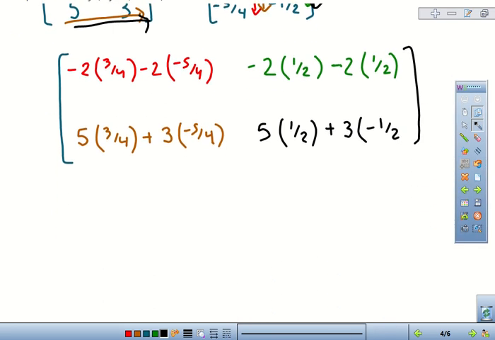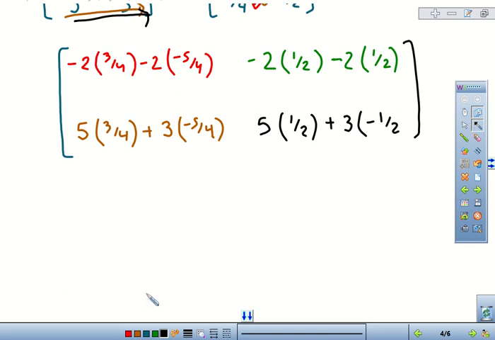So now we're just going to go ahead and simplify this. I'll do it over here so we have enough room. -2 times 3 is -6. -6/4 would reduce to what? -3/2, right? So that's -3/2 plus, this is going to be a +10, so plus 10/4.